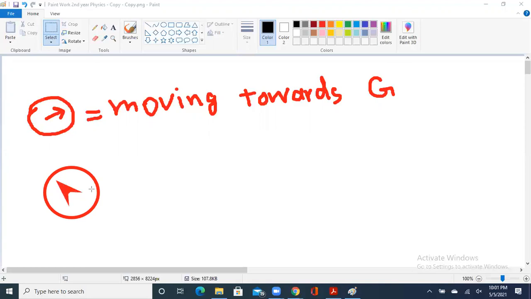Upward left side, or maybe more oblique, you have to make it more oblique. So the galvanometer will be showing this when it is moving away from the galvanometer.